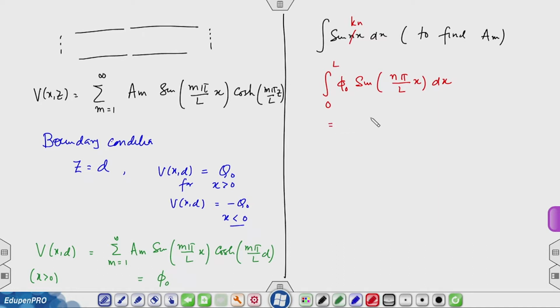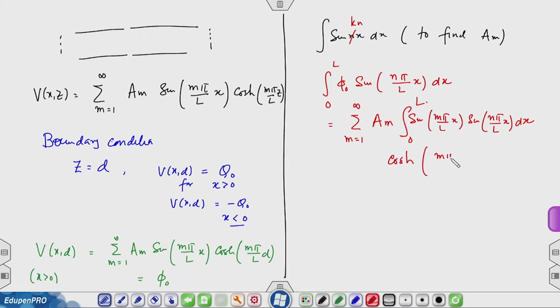is equal to summation m equals 1 to infinity a m sine m pi over L x sine n pi over L x dx 0 to L times cos hyperbolic m pi over L d.